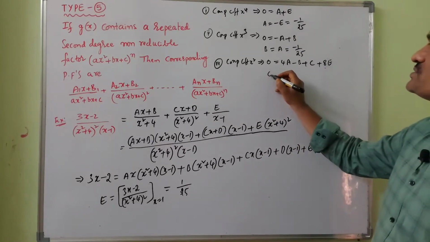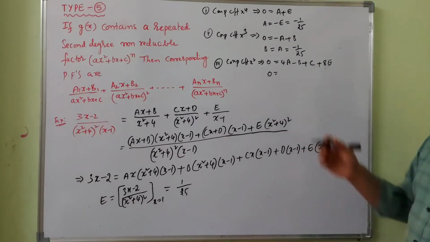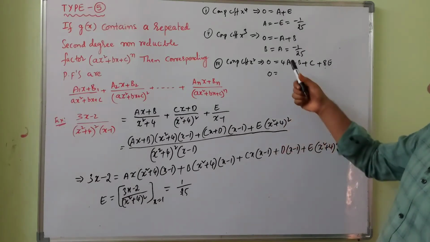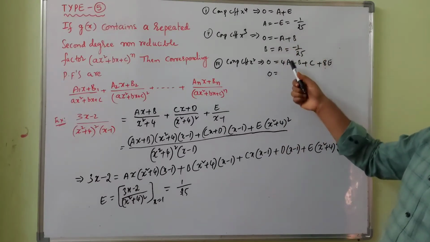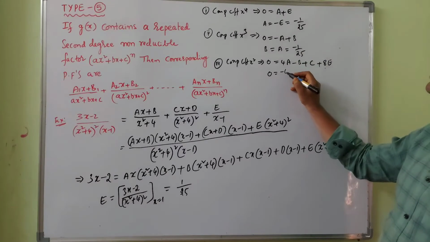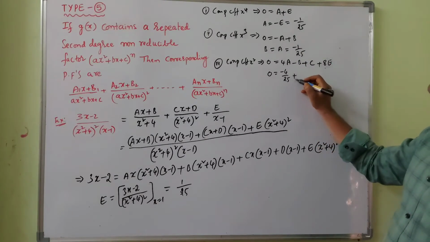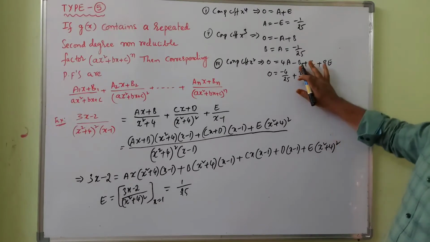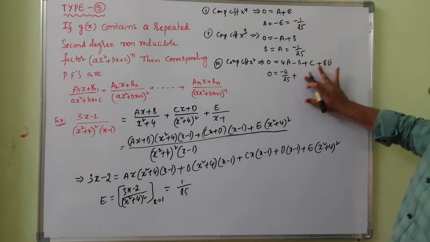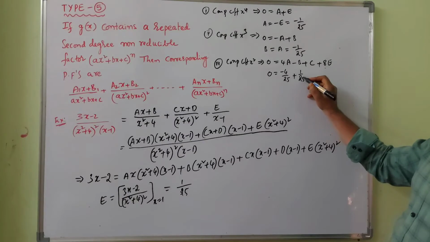Now start the substitution of the known values of a and b. We know a is minus 1 by 25. So 4a is minus 4 by 25. b is minus 1 by 25, so minus b gives plus 1 by 25.